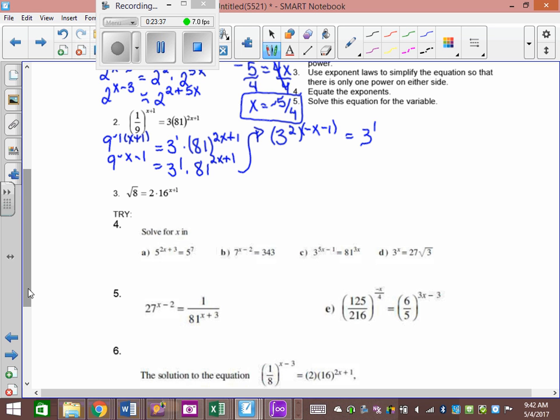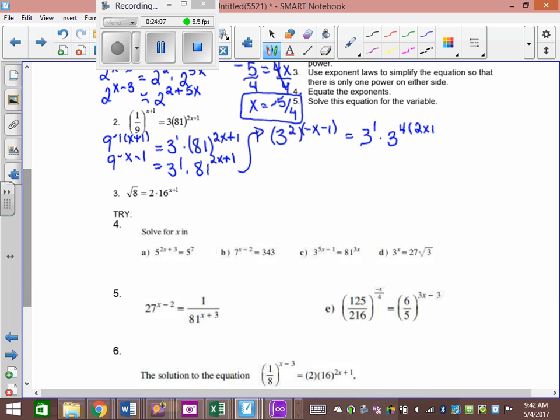So many people put 3 to the 0 because it doesn't have an exponent. 3 to the 0 is actually what? 1, not 3. Okay? See how that's another error where people make mistakes? I can easily come up with the 3 most common errors and make answers B, C, and D on any multiple choice with these questions. So make sure you put it as 3 to the 1, because 3 to the 0 is 1. It's not 3. And then 81 is 3 to the 4.